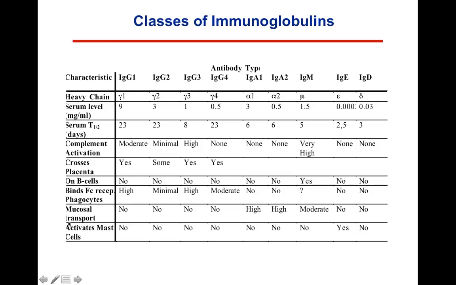IgAs do not, and IgM we're not sure about. Mucosal transport: there is some mucosal transport of IgMs. And IgAs, right? These are particularly IgAs, because remember, these are the ones that are excreted, but IgGs are not. Okay, and the activation of mast cells, only IgEs do this, and we'll see this later when we talk about hypersensitivity reactions. But this is a chart you can go back to and look at, and it has a lot of the functions in it.